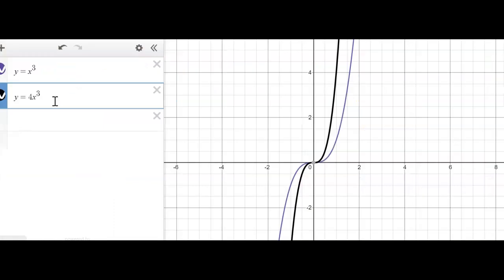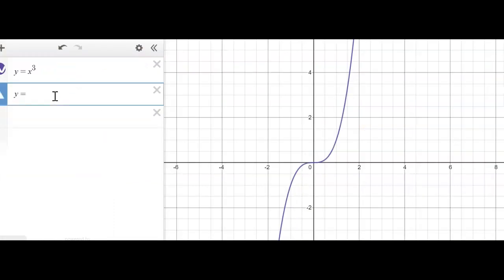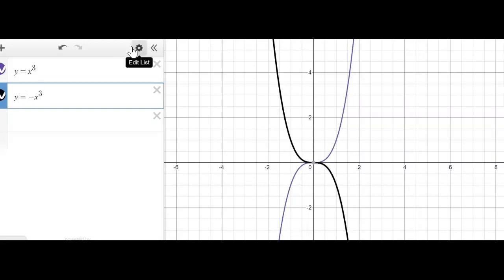So let's go back. All right, so there's our basic cubic, and let's do the same thing. And there it is reflected. Now it's actually the same as if we were reflecting it along the x-axis or reflecting it along the y-axis. So it actually doesn't matter which one you say, all right?